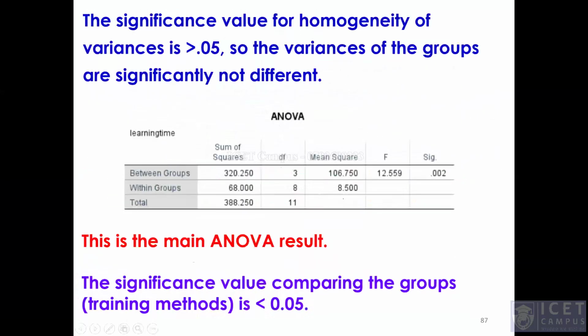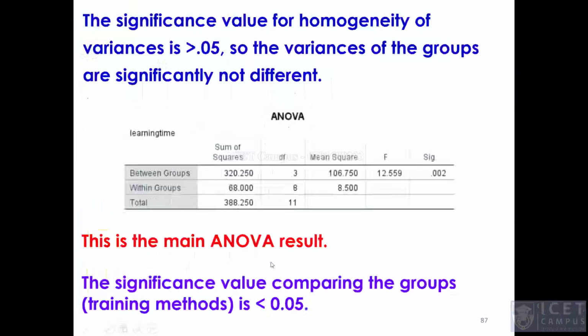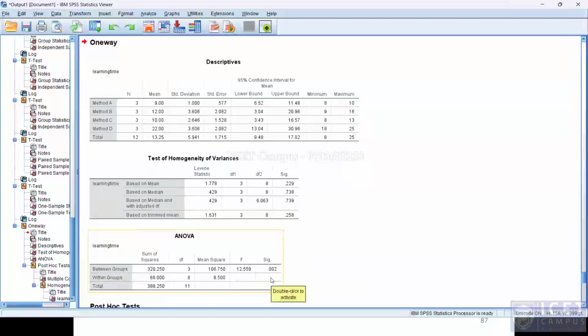Next we can go for the ANOVA table. That is the main result actually. Then we can check the significance value. The significance value is 0.02. Then 0.02 is less than 0.05. Our null hypothesis, which we always write, is that there is no difference between these four teaching methods.